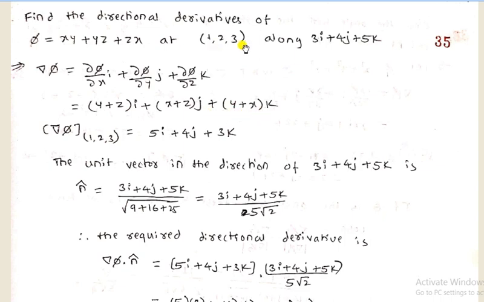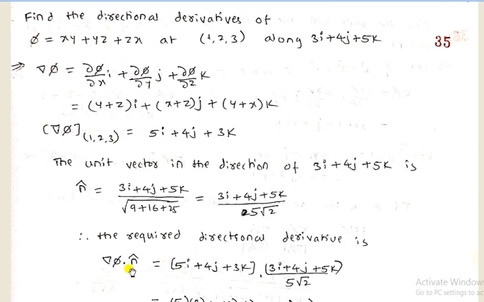Then use the point 1, 2, 3. So we'll get del phi as 5i plus 4j plus 3k, and the direction vector is 3i plus 4j plus 5k.